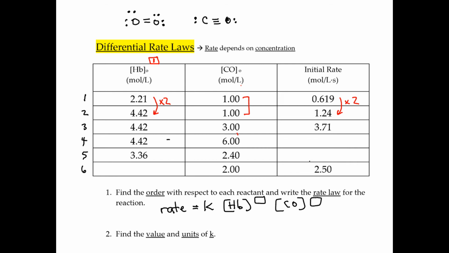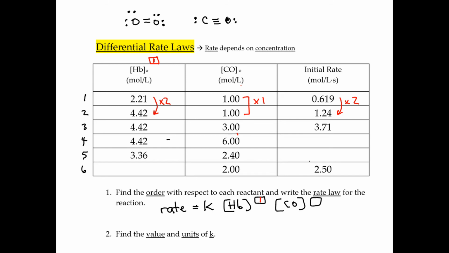We just found that the exponent of hemoglobin is 1 because, again, when we doubled the hemoglobin and kept the carbon monoxide the same, the rate doubled. So this was times 1, so we kept it the same, and we got the exponent for the hemoglobin.